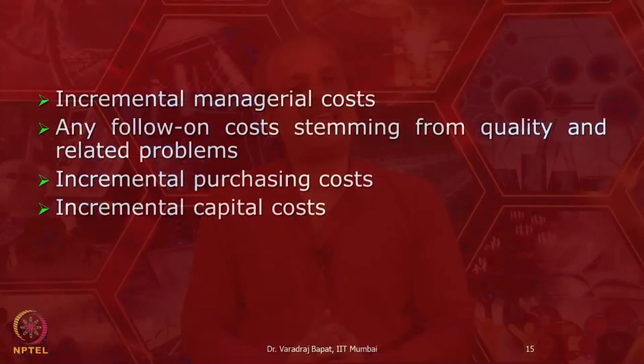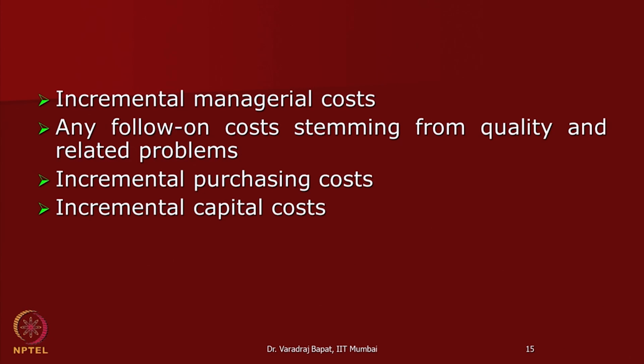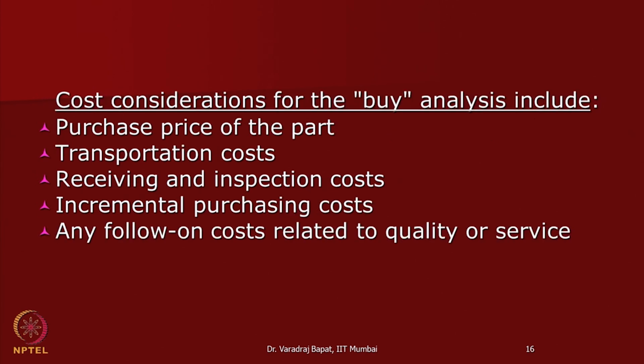Few more factors like incremental managerial cost, any follow up action particularly because of quality considerations, incremental purchasing costs, incremental capital costs like need for some new equipment. All these factors will be important for make decisions. Now when it comes to the buy decision, that is we have got an offer from some supplier, we can buy it from outside.